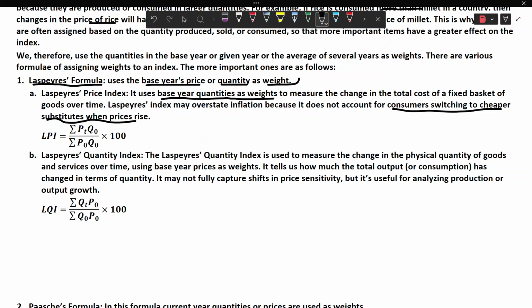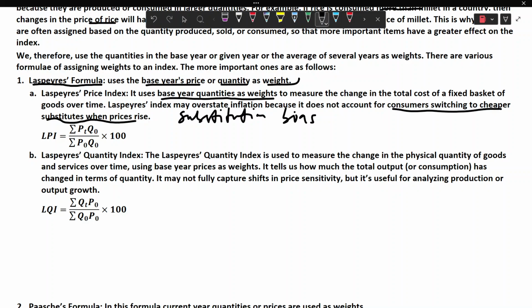And this is termed as substitution bias. It doesn't account for consumers switching to cheaper substitutes when the price of the commodity rises.